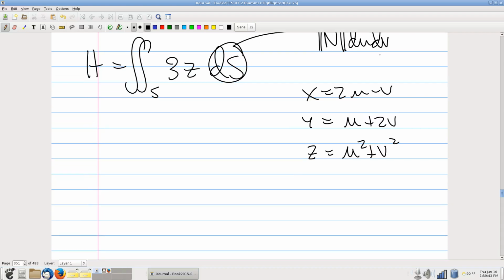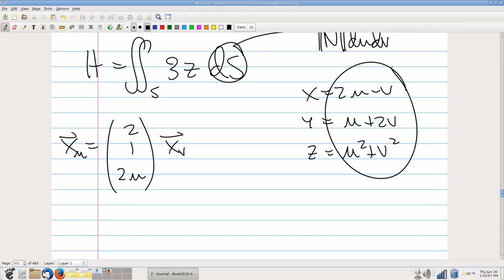There's a whole little process there. x_u: I'm going to take the partials with respect to u, and I get 2, 1, 2u. x_v: now I'm going to take the partials with respect to v this time, and I get minus 1, 2, 2v.